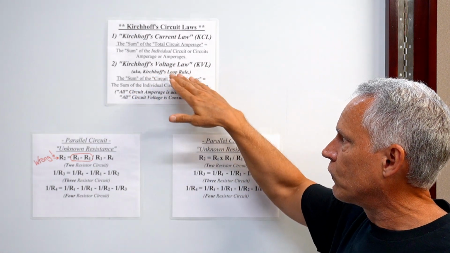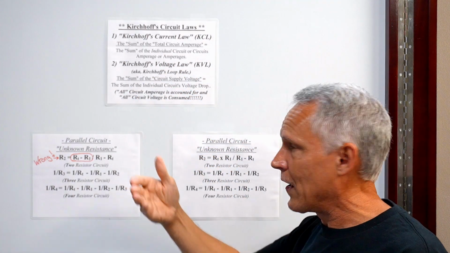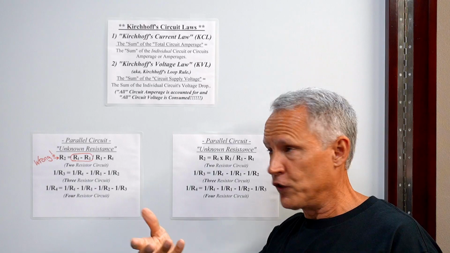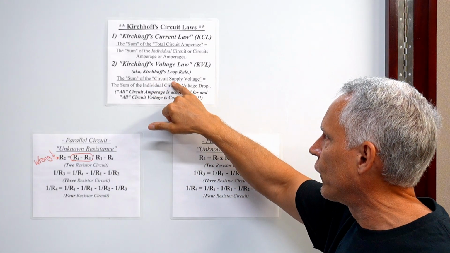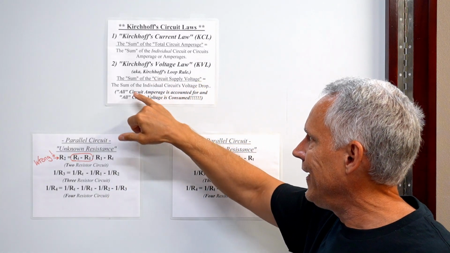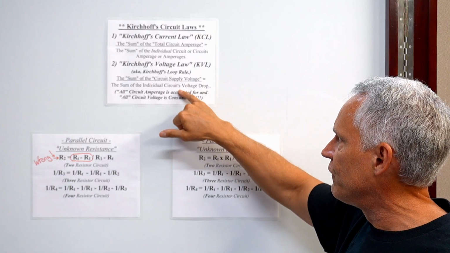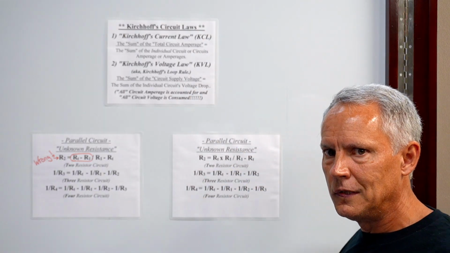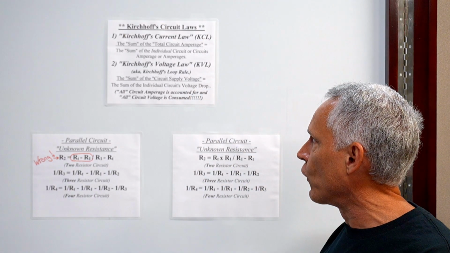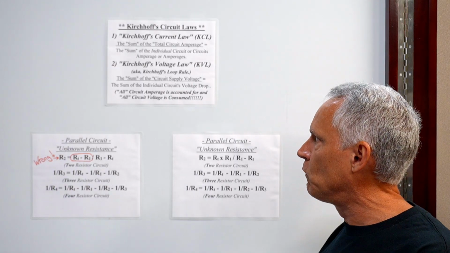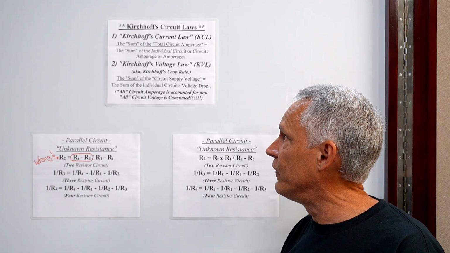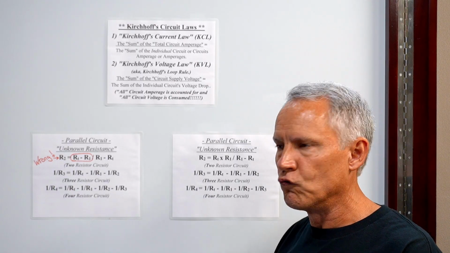Now, Kirchhoff's voltage law, the simplified definition, is the sum of the circuit supply voltage is equal to the sum of the individual circuit's voltage drop. Okay, the sum of the circuit supply voltage is equal to the sum of the individual circuit's voltage drop.